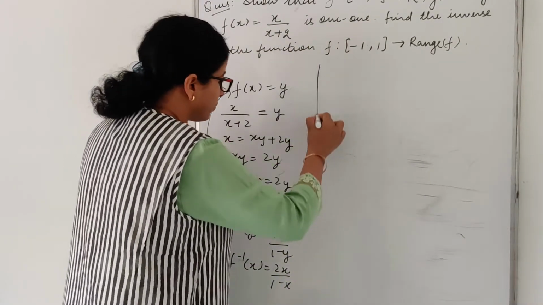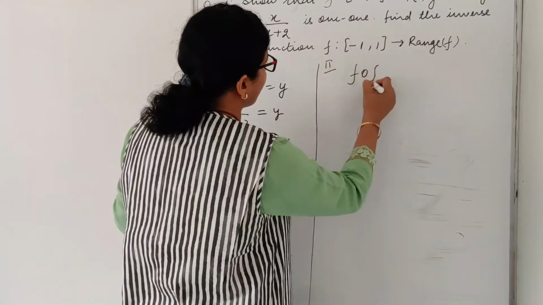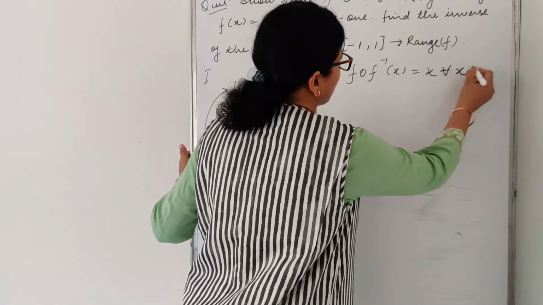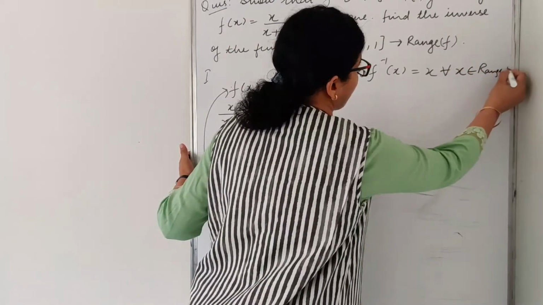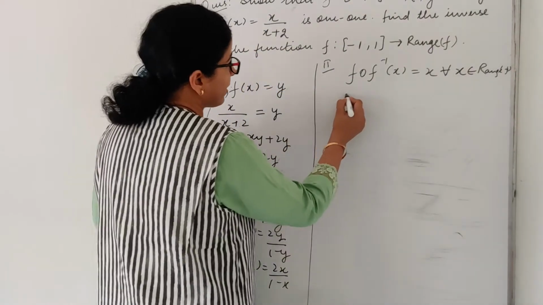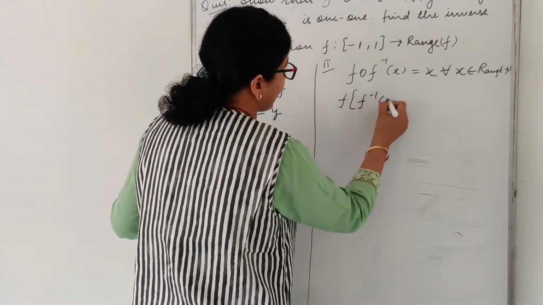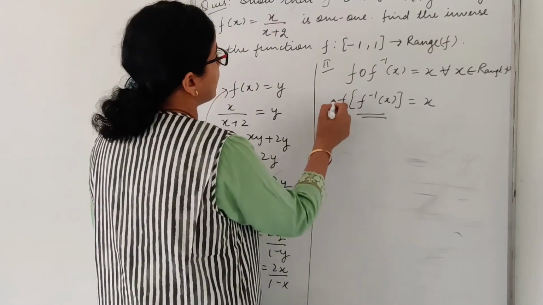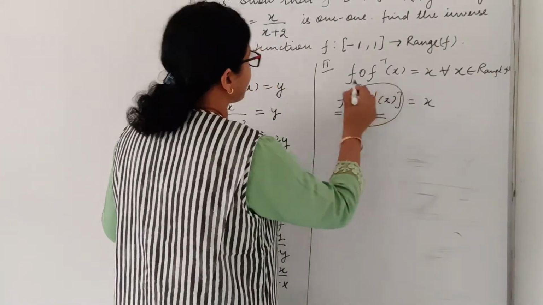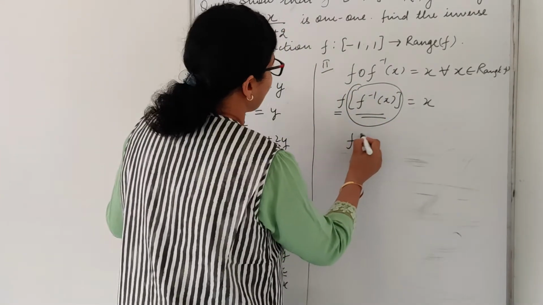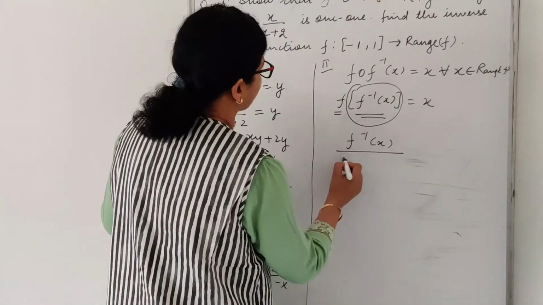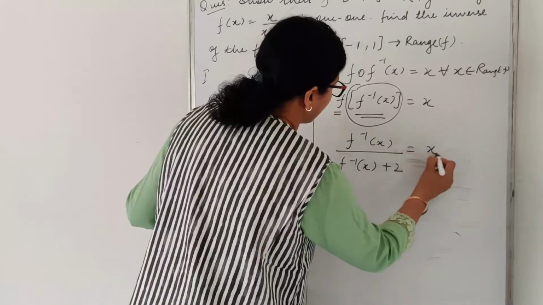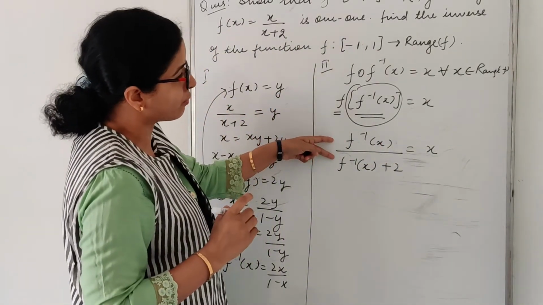Now what is the other way of doing it? So the second method is f of f inverse x is equal to x for all x belongs to range of f. Now look here, f of f inverse x, right? So I can substitute my f inverse x in the function. So what I will get, f inverse x upon f inverse x plus 2 equals x, and from here I will find the value of f inverse x.